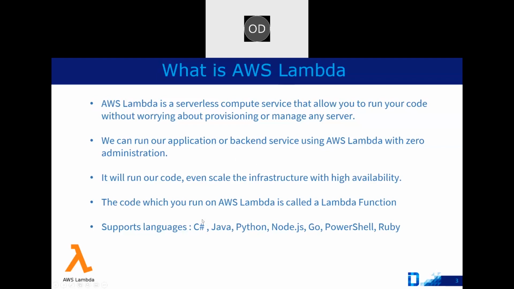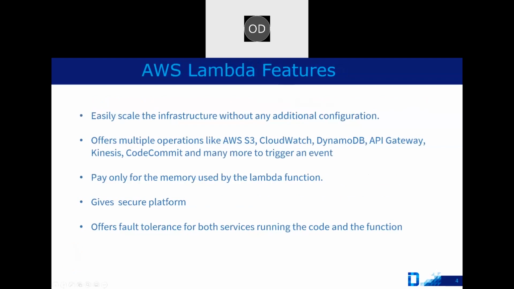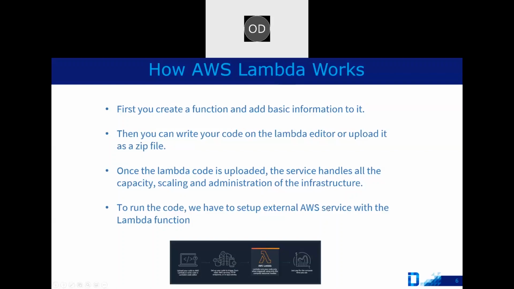So now we move to the AWS Lambda features. Here, I point out some important features offered by AWS Lambda. Likewise, basic information we need to give for that particular Lambda function. Then there is a code editor, the Lambda editor.